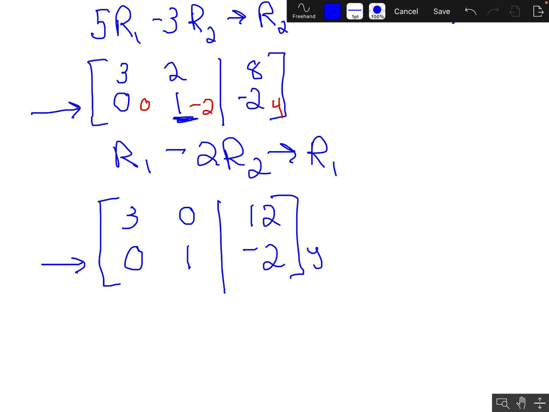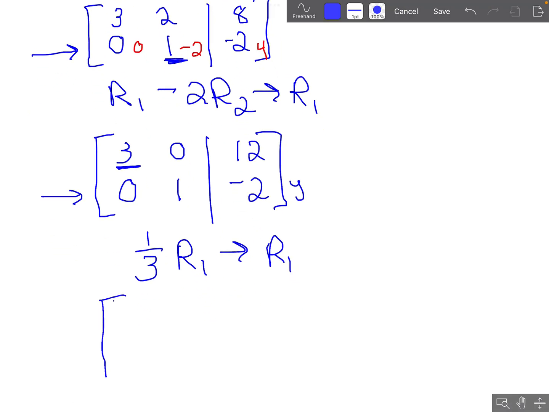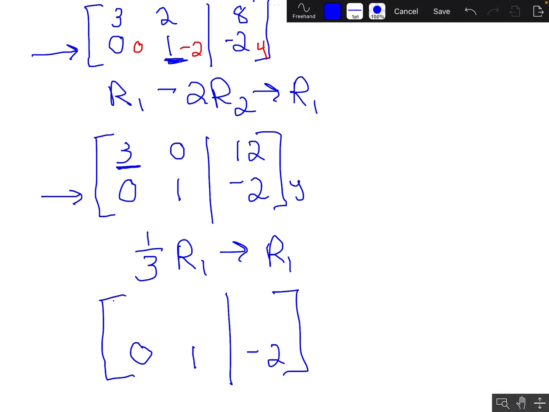That was what I was talking about before. I now need to target the 3 right here and turn that into a 1. Again, we know how to do that. It's just simply going to be 1/3 of row 1 in for row 1. All right, so that'll be my last step. Again, row 2 unchanged because I'm already done with it. 0, 1, -2, which is my y value.